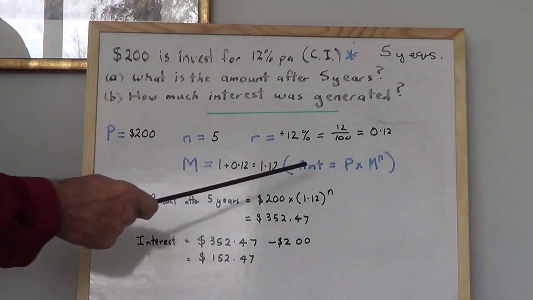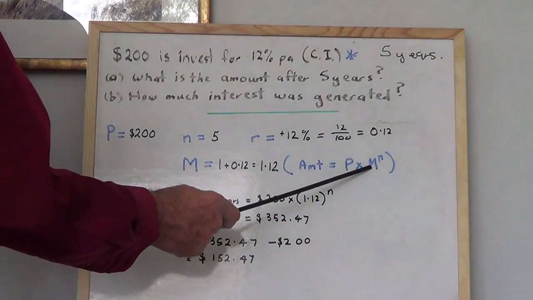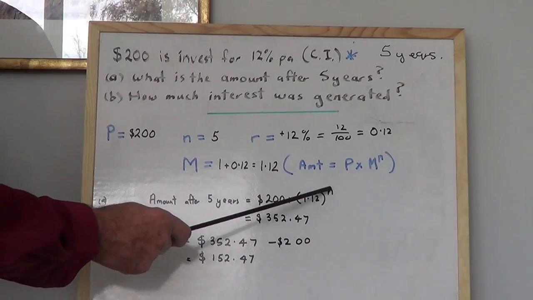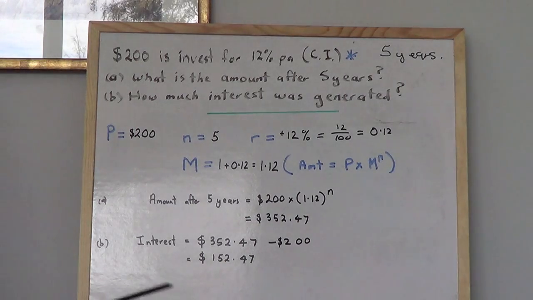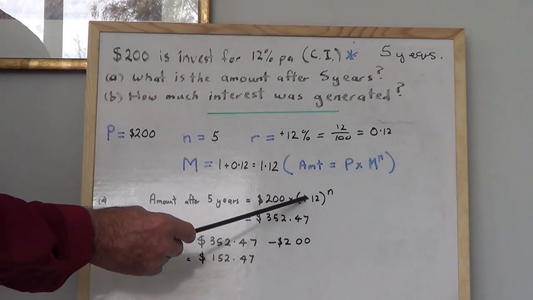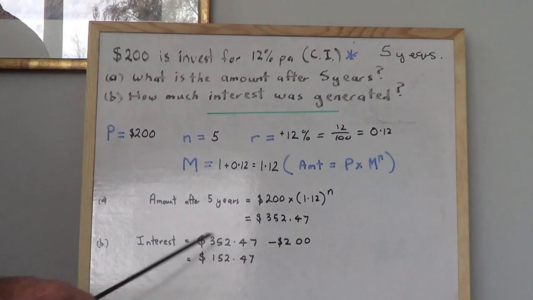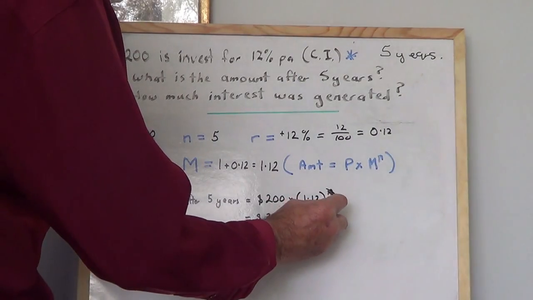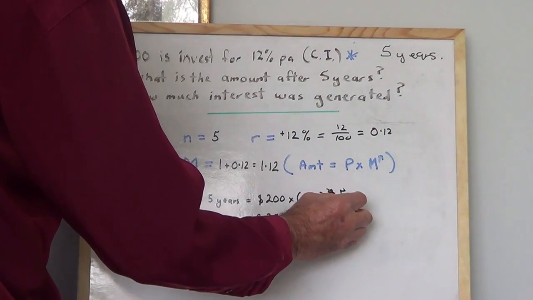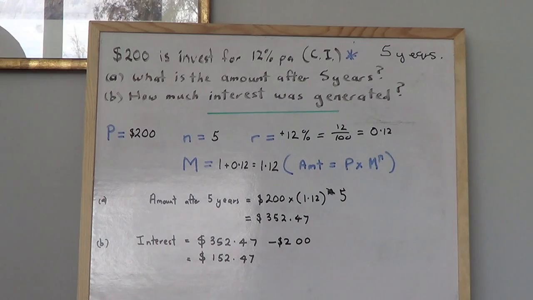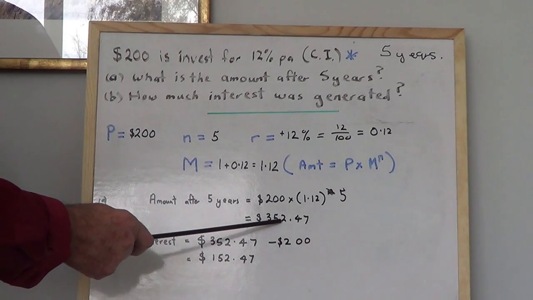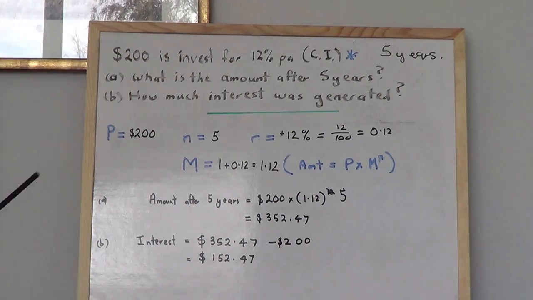And the amount is equal to principal times the multiplier to the power of n, so that is 200 times 1.12 to the power of n. So you get out your calculator, work out 1.12 to the power of 5. I'm going to change that now, I'll cross that out, put a 5, that's the power of 5, and we will get $352.47 to the nearest cent.